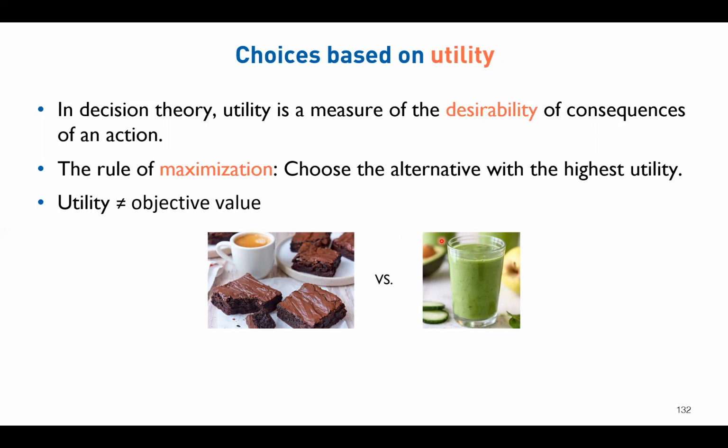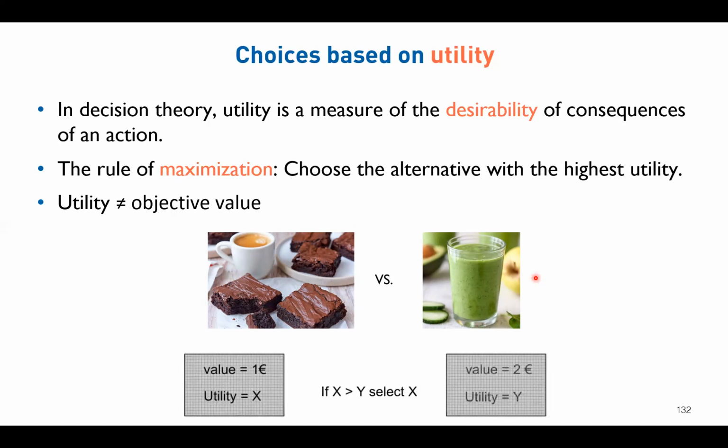What is quite important here, and also quite interesting to remember, is that utility here is not objective. It's quite a subjective feeling or subjective valuation. So it's easier to understand actually. The same smoothie, some people like it, some people do not like it. So it's quite a subjective feeling towards the same thing, right?